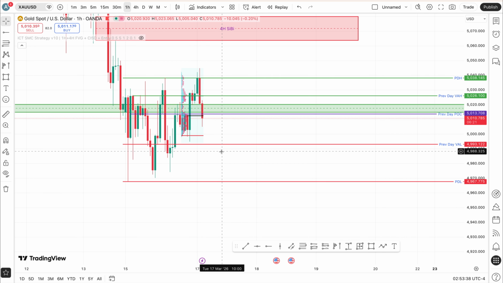So the market is currently at a decision point. So the key scenarios today is that the buy side liquidity has been taken. So we need to see which liquidity the market is currently hunting, right? In closing, the market has taken the buy side liquidity above the PDH and is currently holding below it, and is coming towards the value area low.